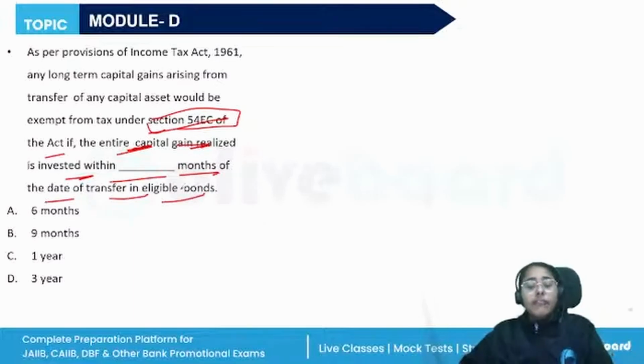So if you are getting a capital gains and you want to be exempted from the tax on the capital gains, then within a certain time period you can invest in the eligible bonds and get this exemption under section 54 EC. So this is under the tax management. So what will be the correct answer? Within 6 months, within 9 months, within 1 year, or within 3 years?